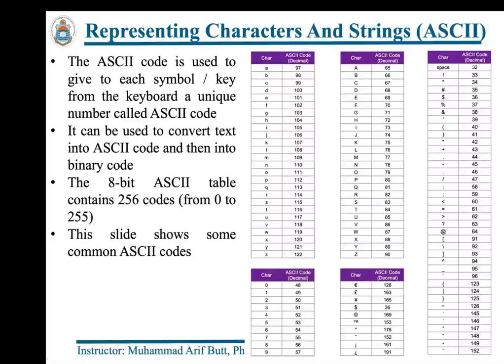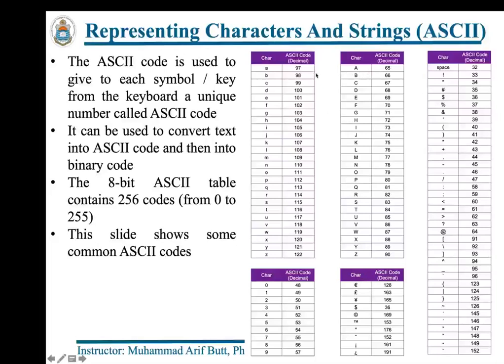These are some of the commonly used ASCII characters. The small a has an ASCII code of 97 and it moves ahead. The capital A has an encoding of 65 and it moves ahead. Between the lowercase and the uppercase character, you can observe a difference of 32.